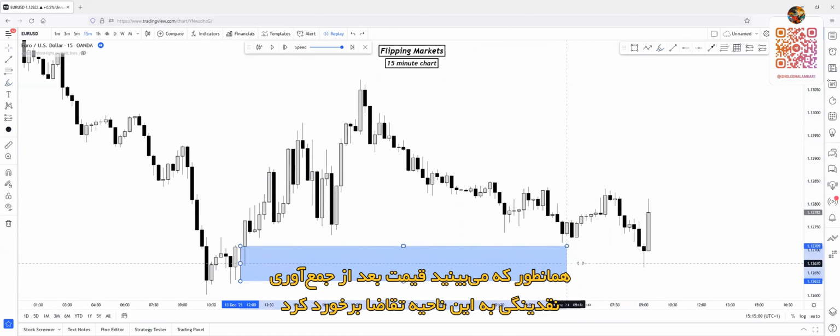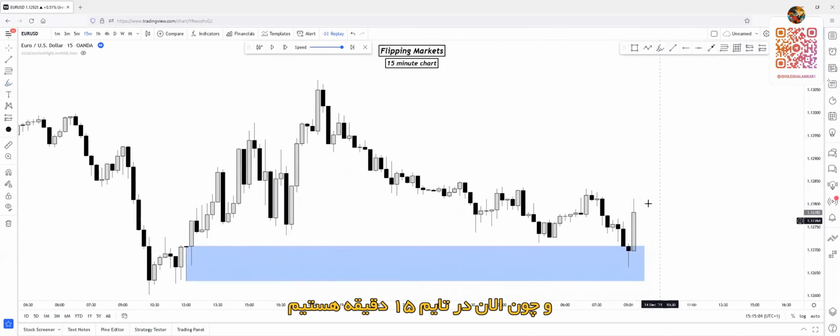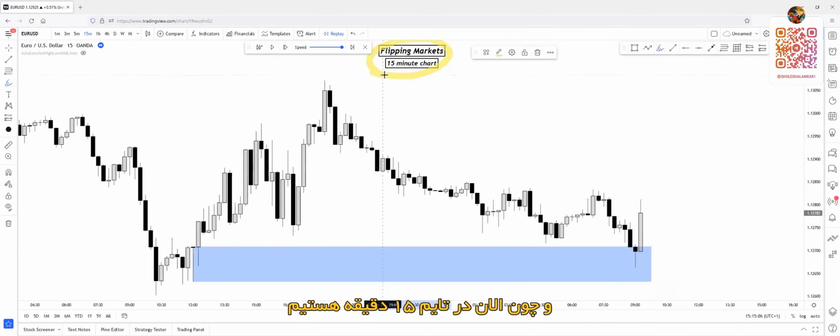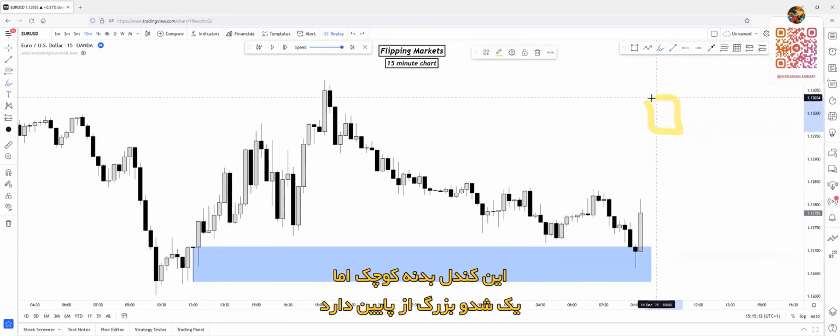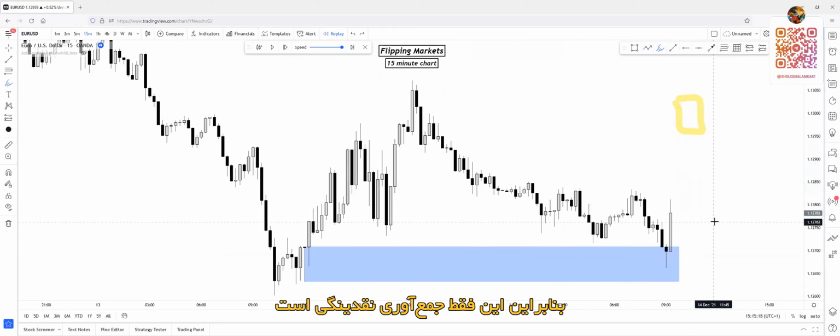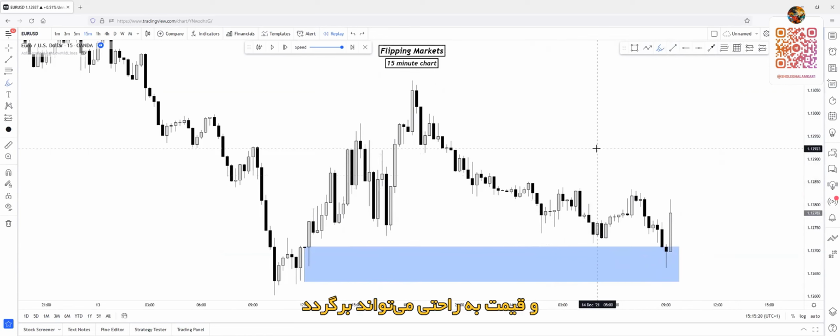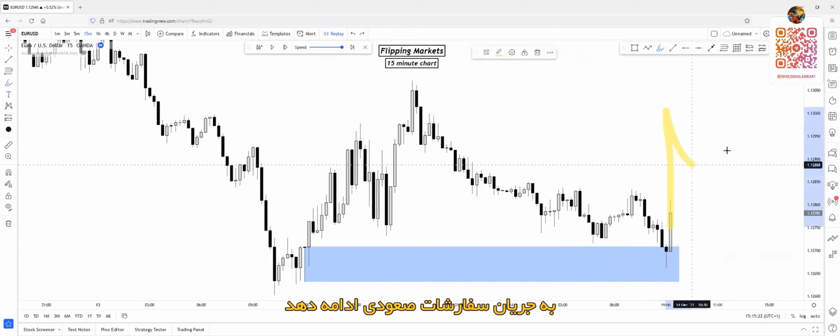So as you can see, price tapped into this demand zone with a liquidity sweep, because we are on the 15-minute chart currently, and this is a 15-minute candle right here. It looks like this: a really small body with a huge wick to the downside. So this means this was only a liquidity sweep.